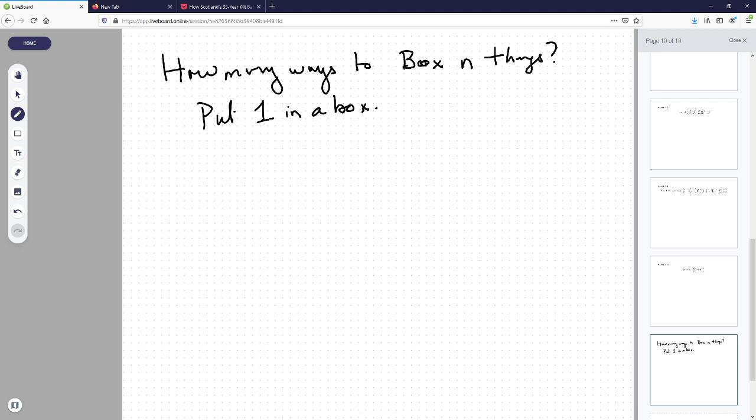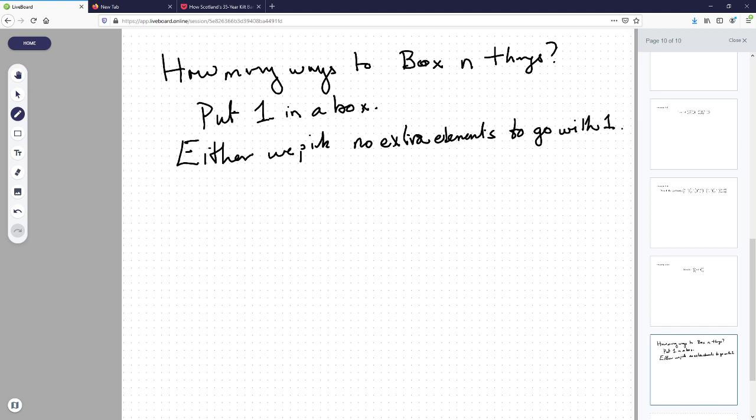Okay, then the next step is either we pick no extra elements. If you pick no extra elements to go into the box with 1, then that means that we have to box up n minus 1 things separately.